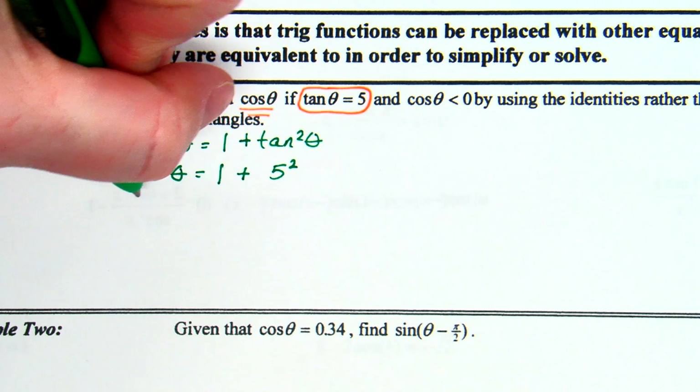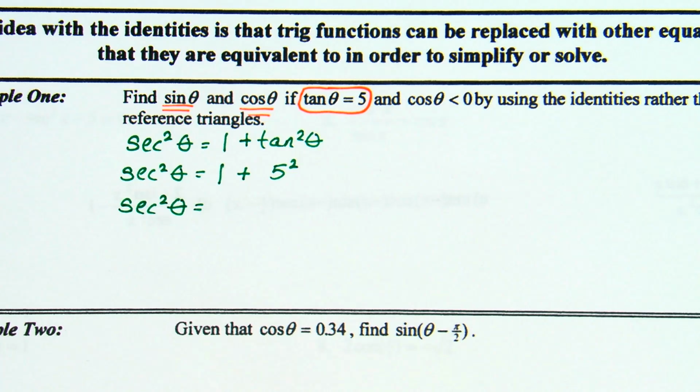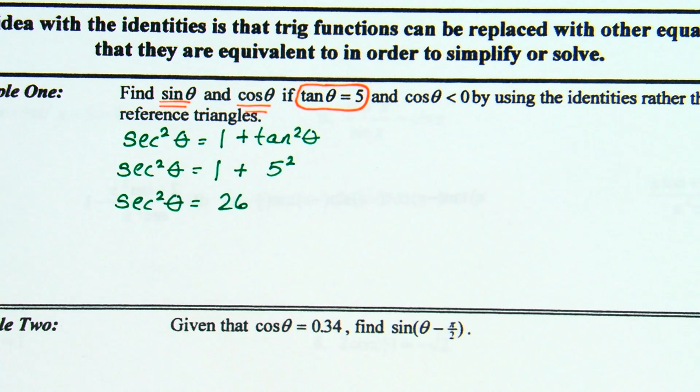And by all means, if I do something you don't understand, stop me, ask. Clean up that right side. 1 plus 5 squared is 26.